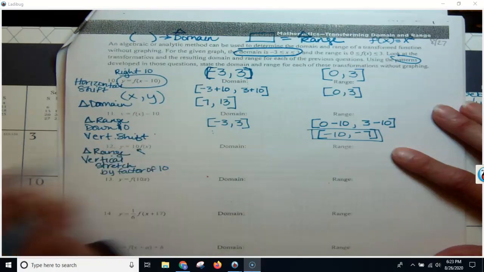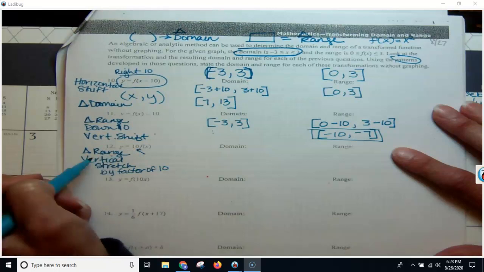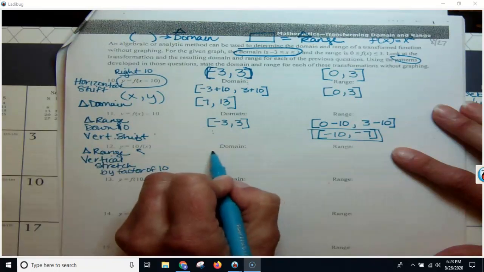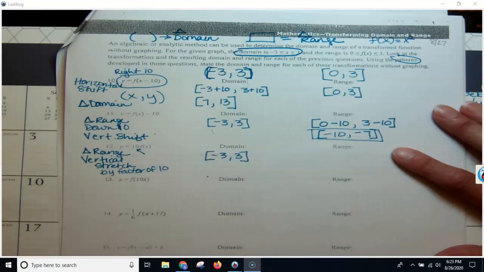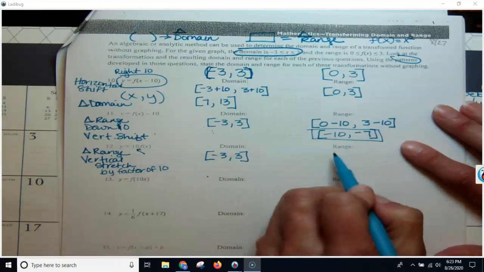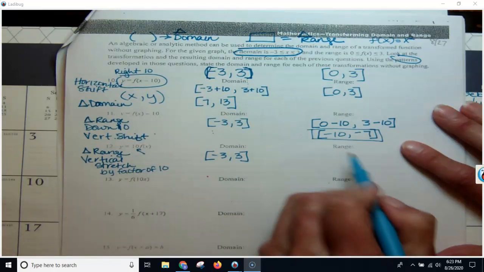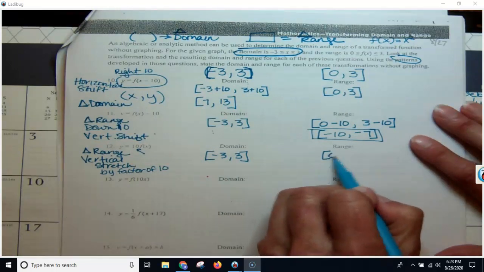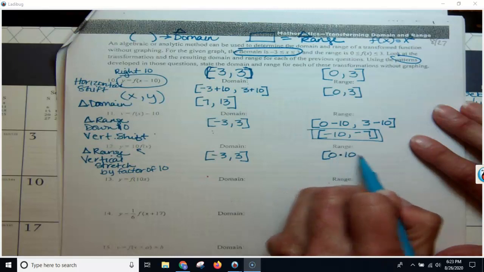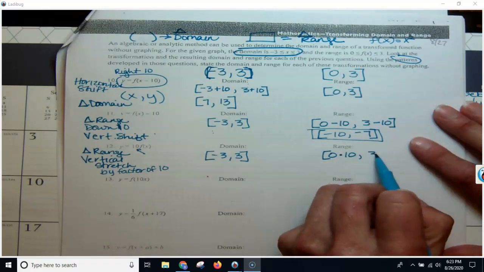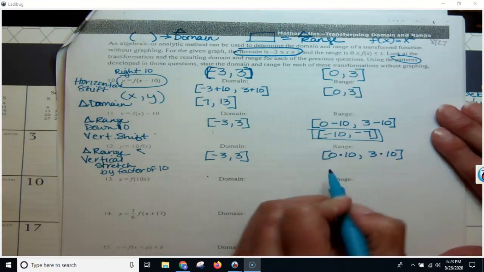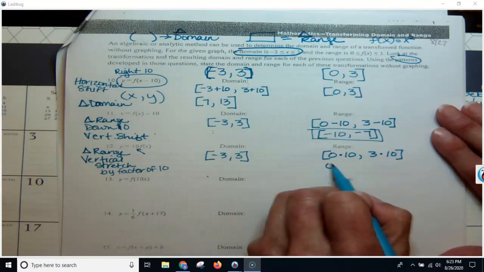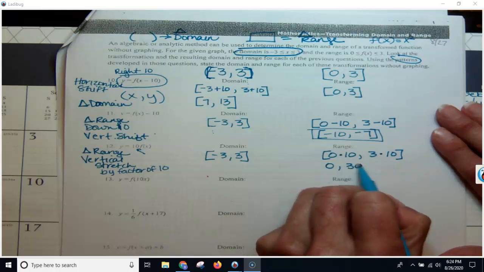That's the number right there. So again, my domain has not changed. My domain has stayed the same. My range is going to change. And how do I change my range? Well, I'm multiplying. I'm going to take my original range of 0 and multiply it by 10, and my original high value of my range of 3, and multiply that by 10. So my new range is going to be 0, 30.